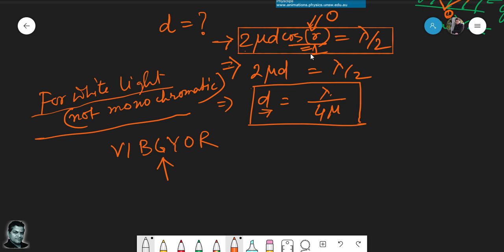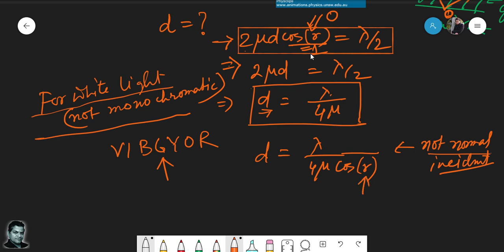Then in that case d would be lambda by 4 mu cos r, for not normal incidence. What is r? r is the refraction angle, and that depends on i, the incident angle. So now for not normal incidence, this d increases by a factor of 1 over cos r.